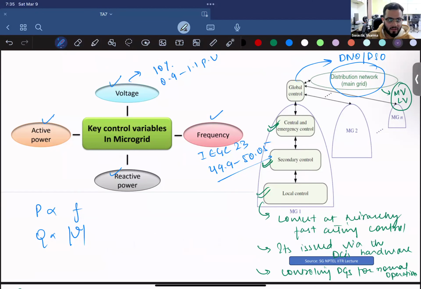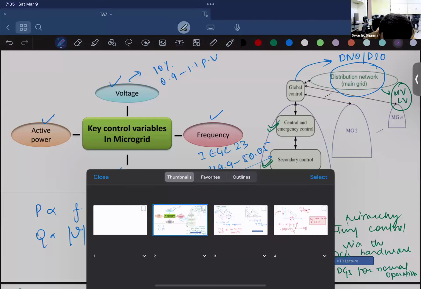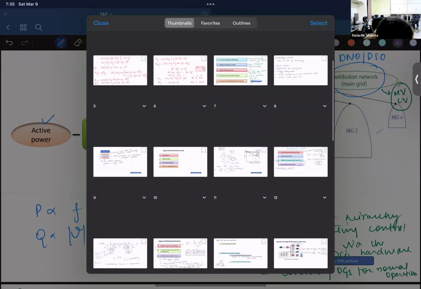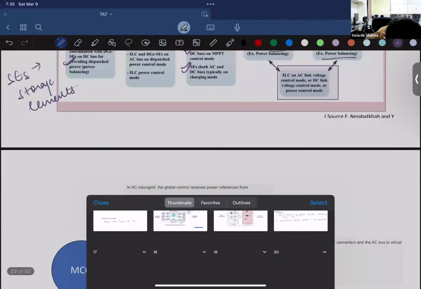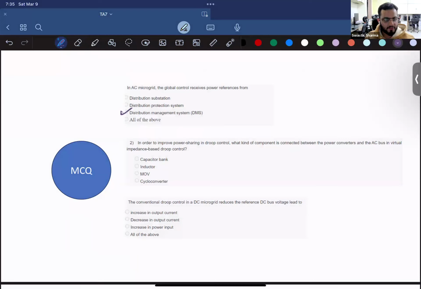And what is the DSO giving it? The DSO wants to maintain power flow. The power flow should be within limits because it's managing a network. So what is it issuing? It's issuing a power reference. So the answer is C. The distribution management system, DMS, DNO, or DSO, all of them are similar.